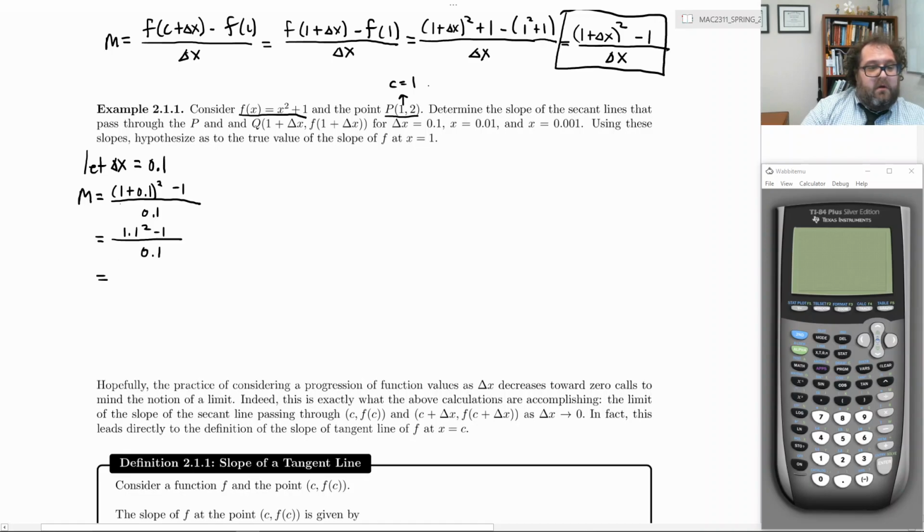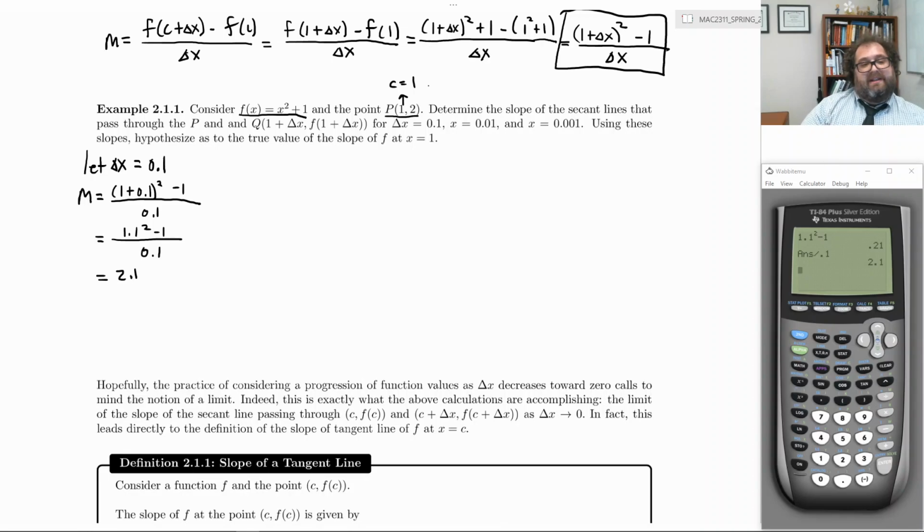All right, now it's time to use a calculator. Go over here, handy dandy TI calculator. 1.1 squared minus 1 divided by 0.1. We get 2.1. All right, great.